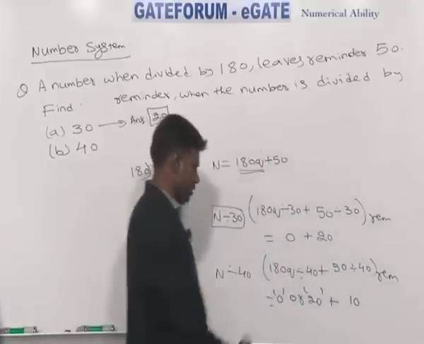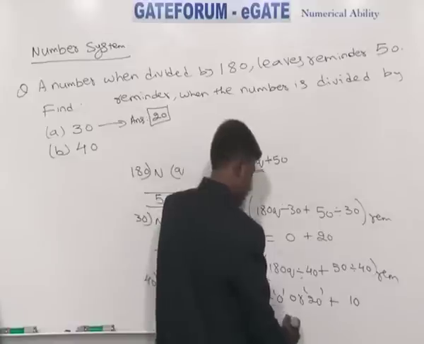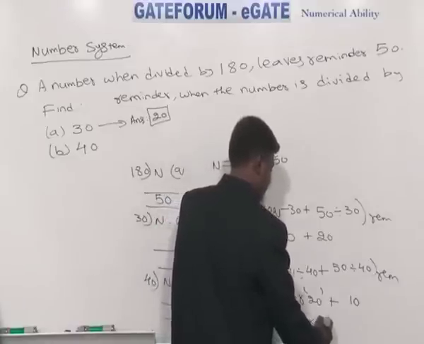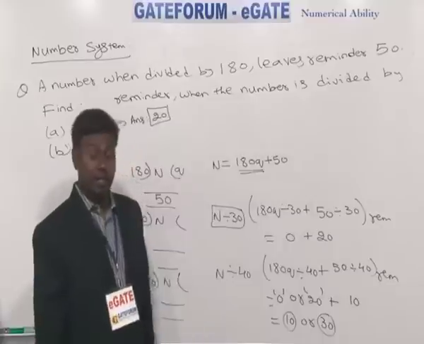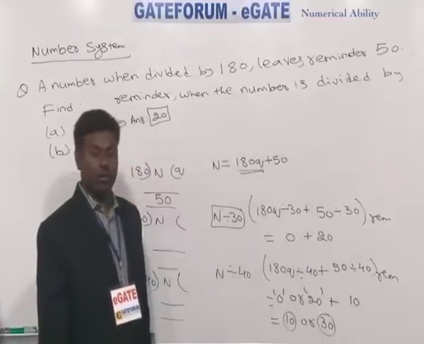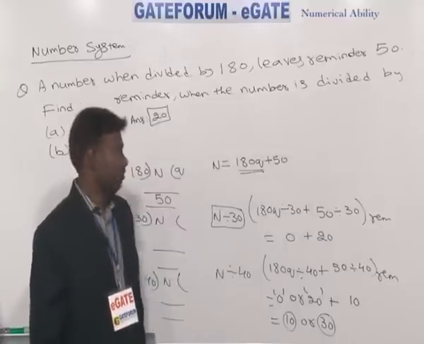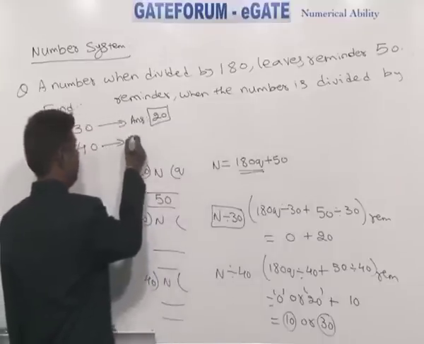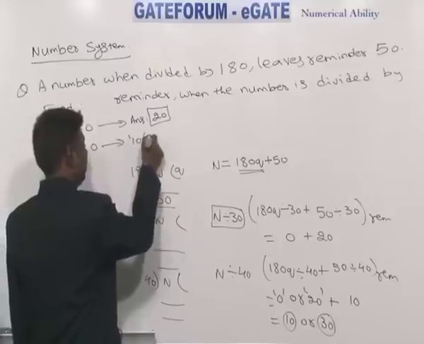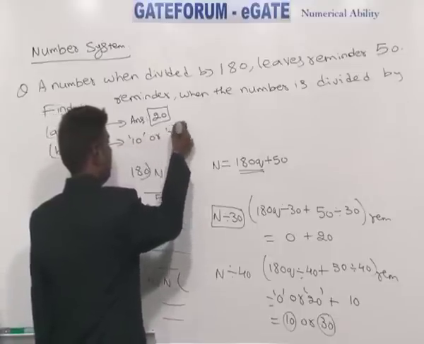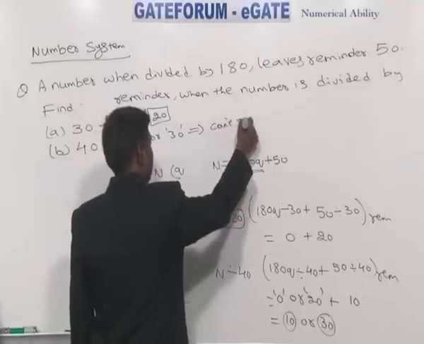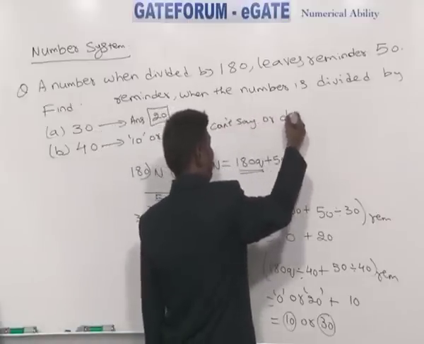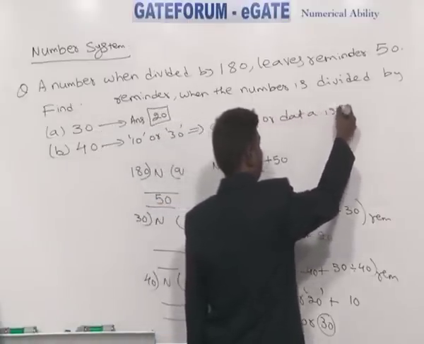So what is going to be the answer? It is 10 or 30. That means it might be 10, it might be 30. That means concretely you are not able to say. So 10 or 30, which implies can't say, or data is insufficient.